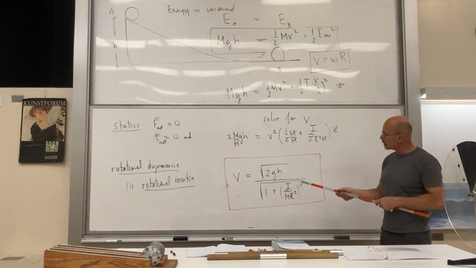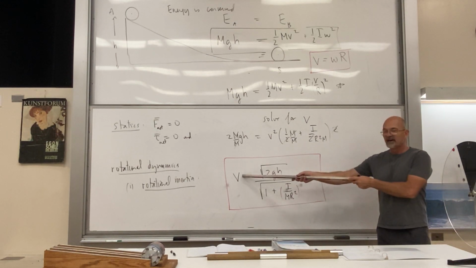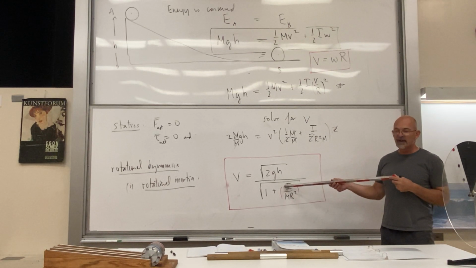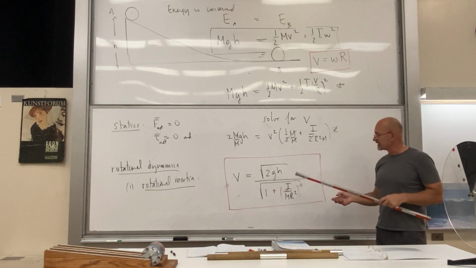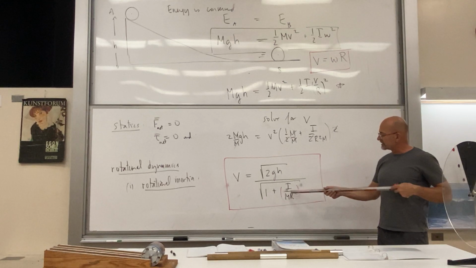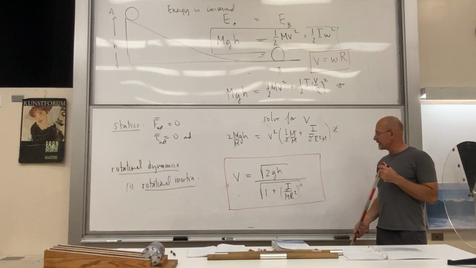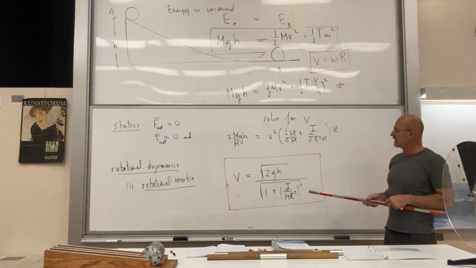The greater the moment of inertia, the slower your final speed is going to be. So if you minimize the moment of inertia by putting all of the mass in the center and just having a very light hoop on the outside, then you can get the maximum speed.